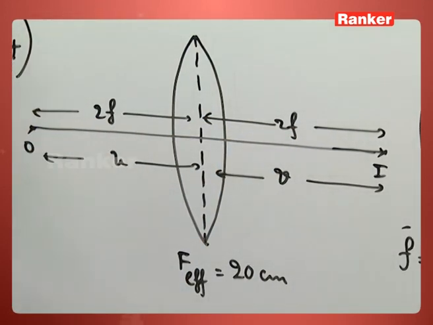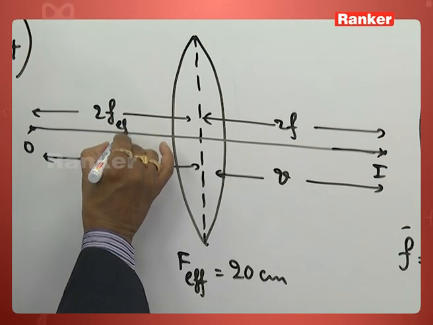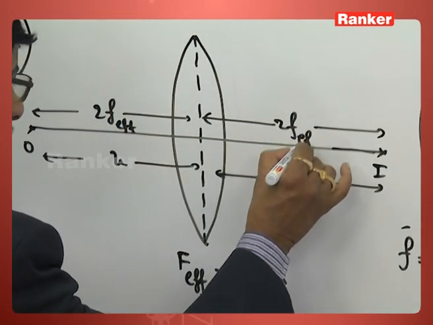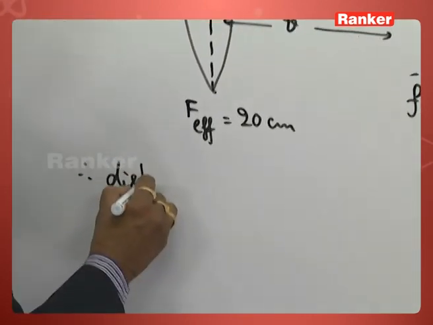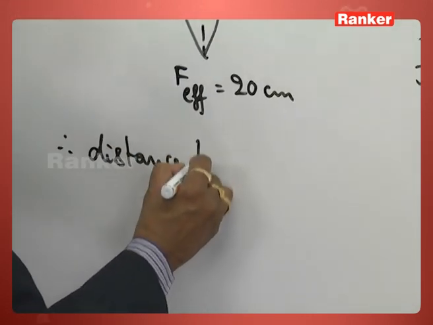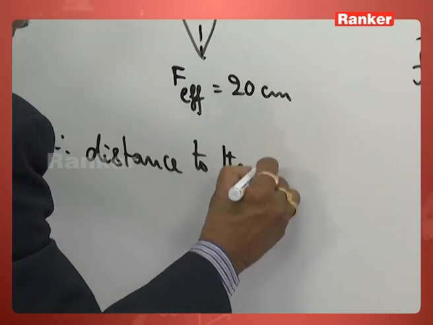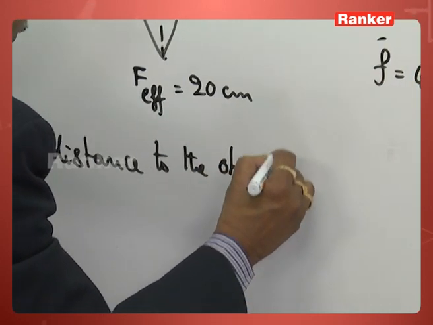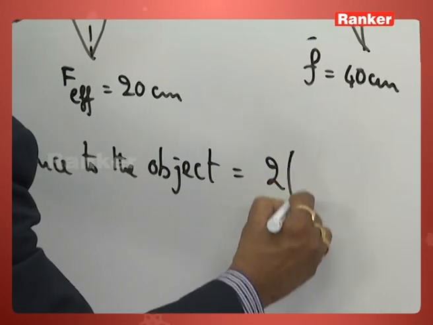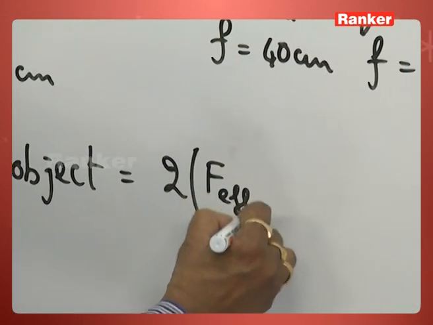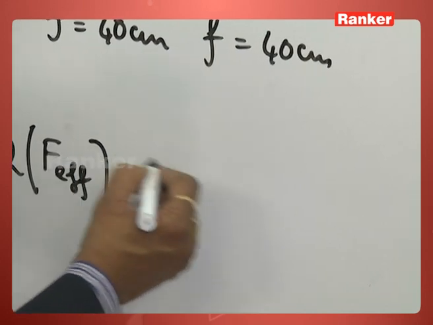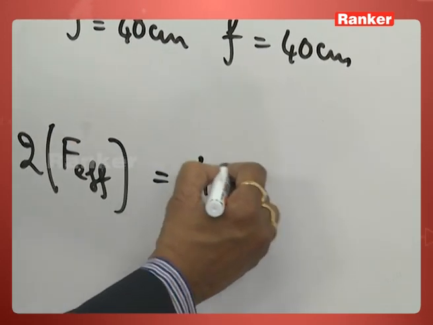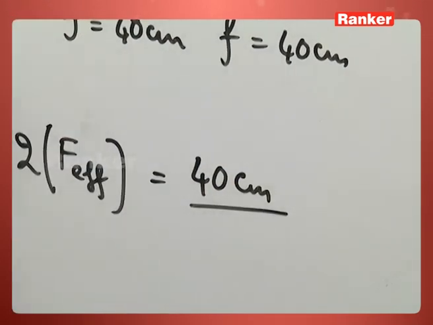So what is this focal length? We just have to take up the effective value of focal length. Therefore, the distance to the object we want is twice the effective focal length. What is the effective focal length? We have already got 20. So this now becomes 40 centimeter.